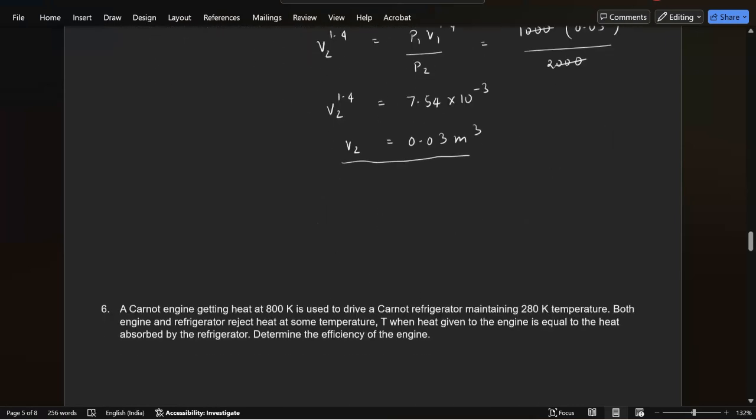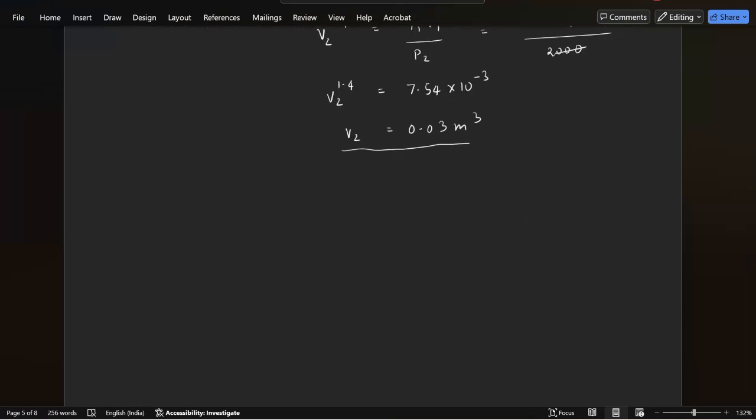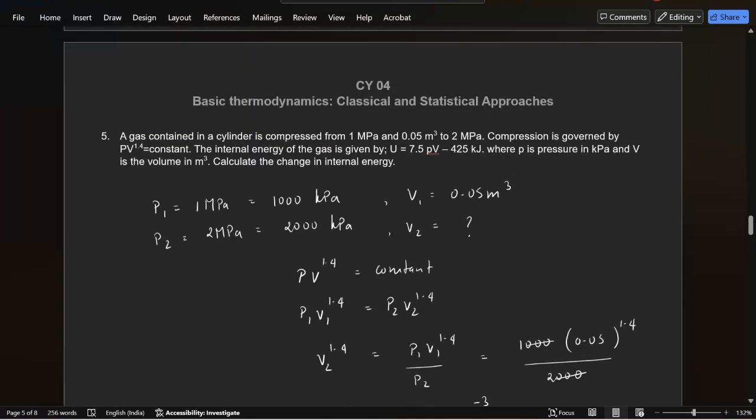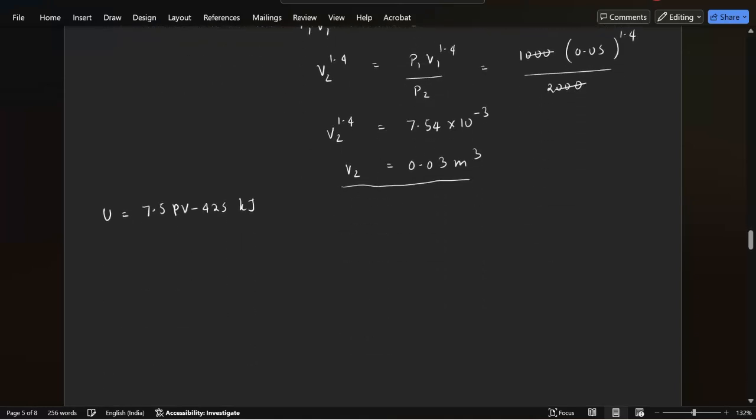Now we need to calculate the other values. Now we need to calculate internal energy. So the internal energy formula that they have given is how much? 7.5 PV minus 425 kilojoules. So this is what they have given us. Alright. Now first we'll write U1.